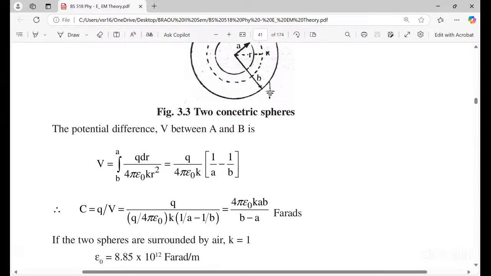V equals 1 by 4 pi epsilon r into Q by R. So here, integral dr by r square.